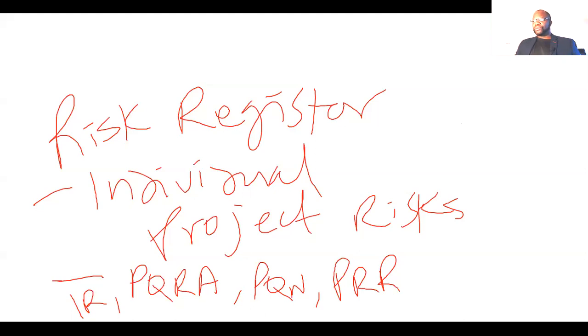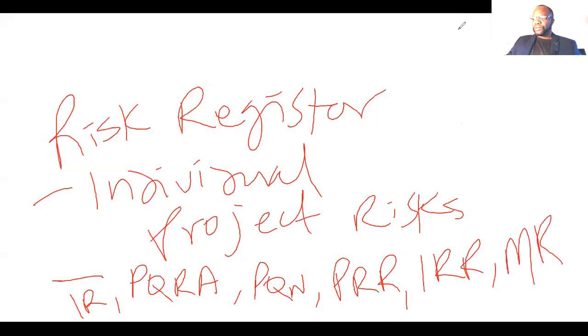You also document what you do and implement risk responses and monitor risks. What have I said in essence? What I have said in essence is all of the different pieces of information that you are collecting all throughout the project are largely included in your risk register.